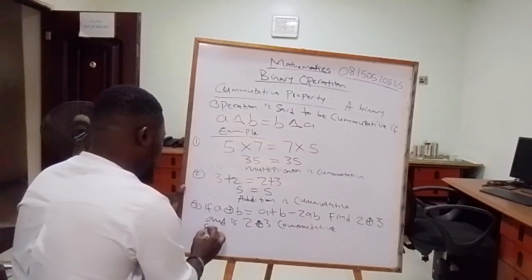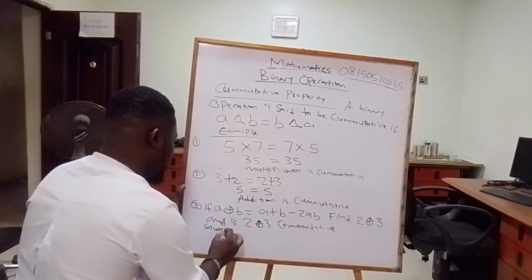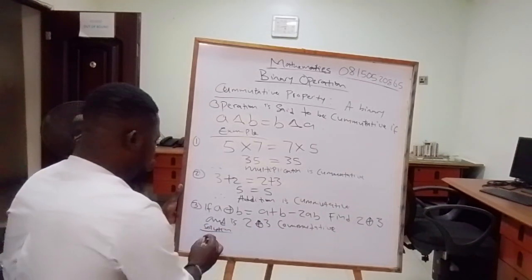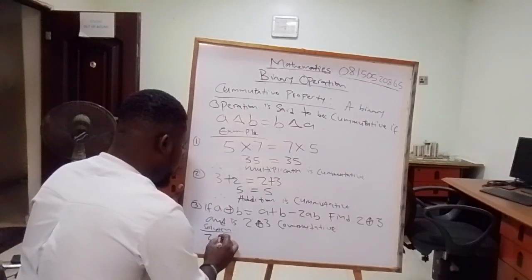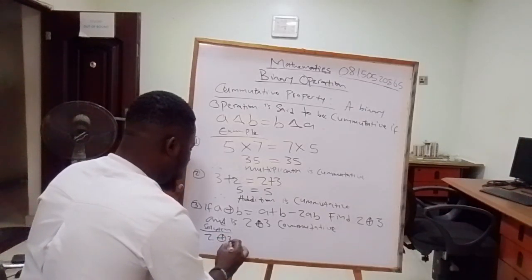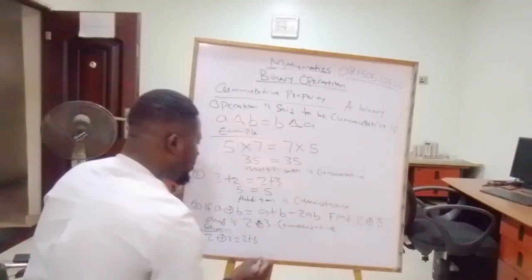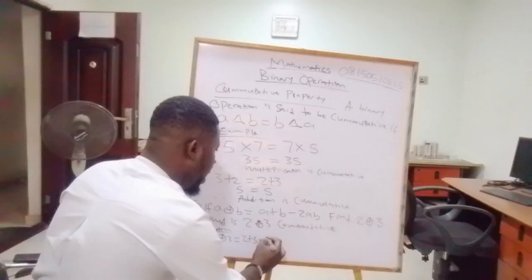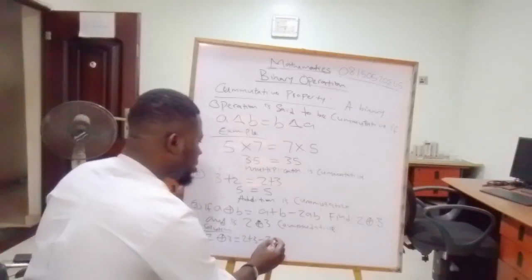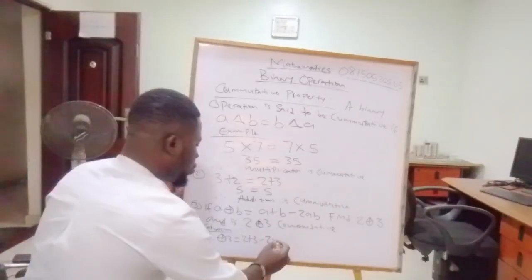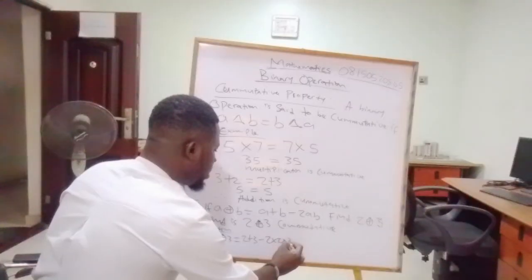So how will you solve it? Solution. What you do is to do 2 operation 3, which will give us, following the law, 2 plus 3 minus 2 times 2 times 3.